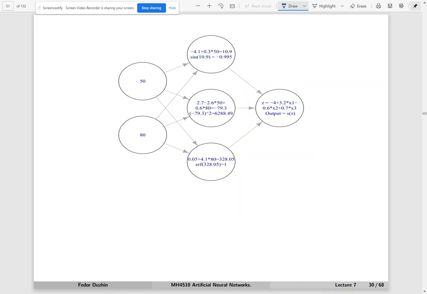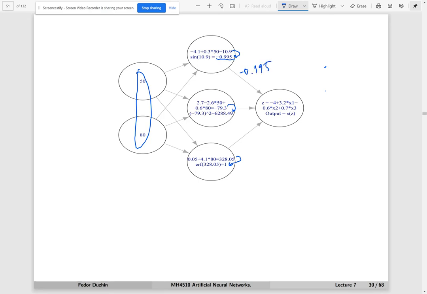We apply the linear transformation to this vector 50, 80, and the output of this linear transformation inside each neuron is going to be some number, and then we just pass it into our activation function. This is going to be the output of our hidden layer.